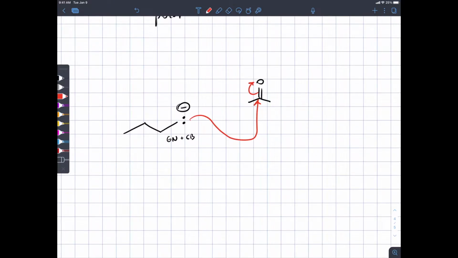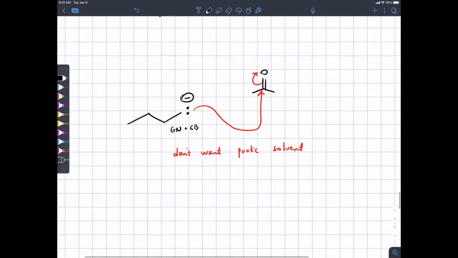But this is such a good base that you do not want a protic solvent. Tell me, what would happen if I used water as a solvent? Yeah, it's going to rip the hydrogen off. It's going to be an acid-base reaction. The pKa of water is 16.